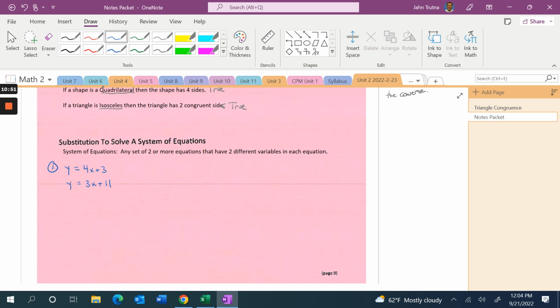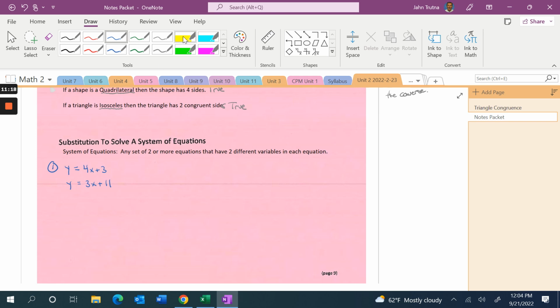I have two, so that is a set of two equations. Do each of those two equations have two different variables? The answer is yes. Each equation has a variable x and a variable y. You could actually have a system of equations with 3 or 4 equations, but in this class we will only work with systems that have 2 equations.